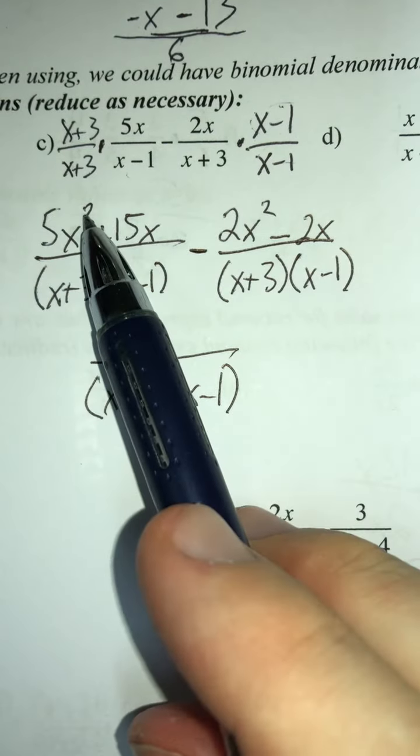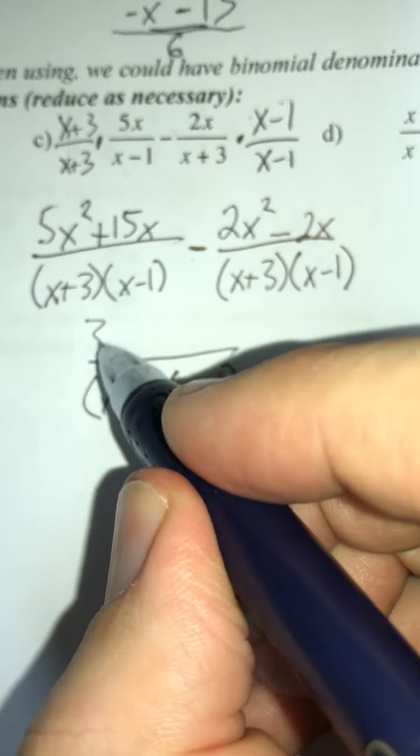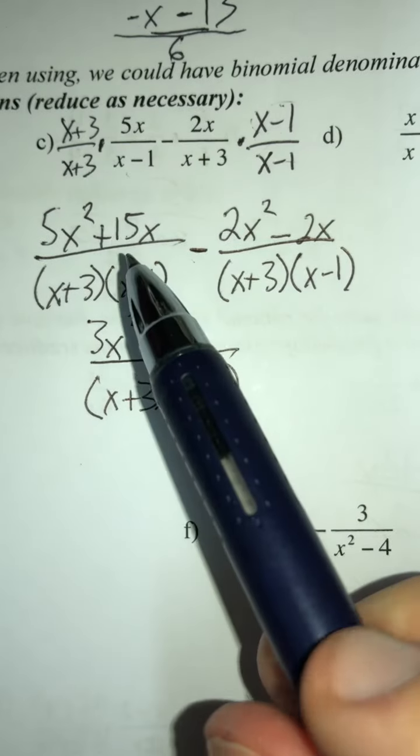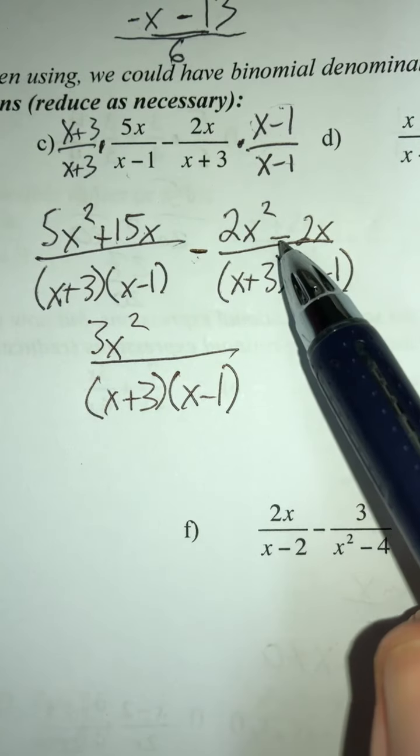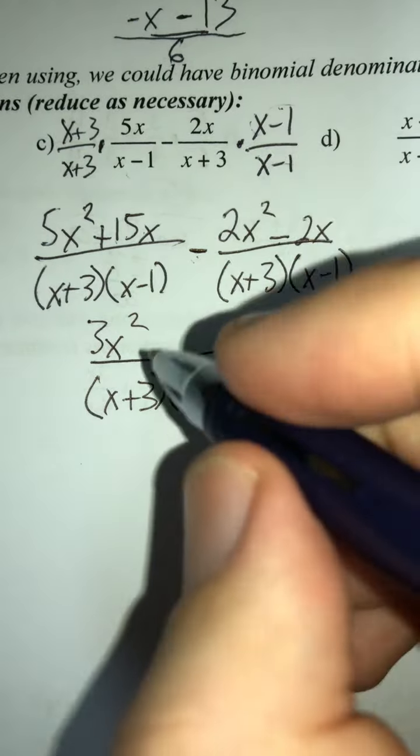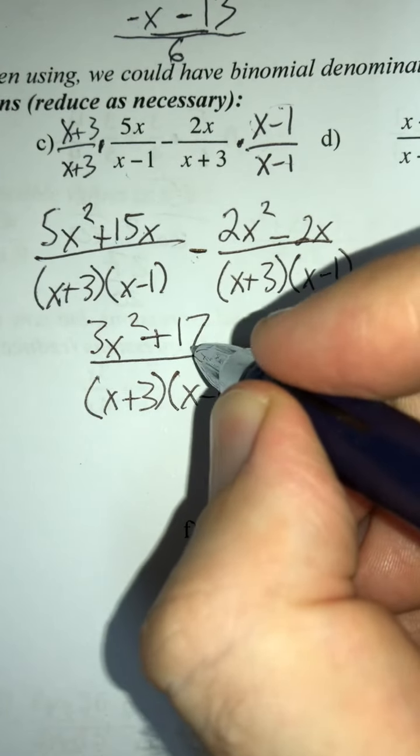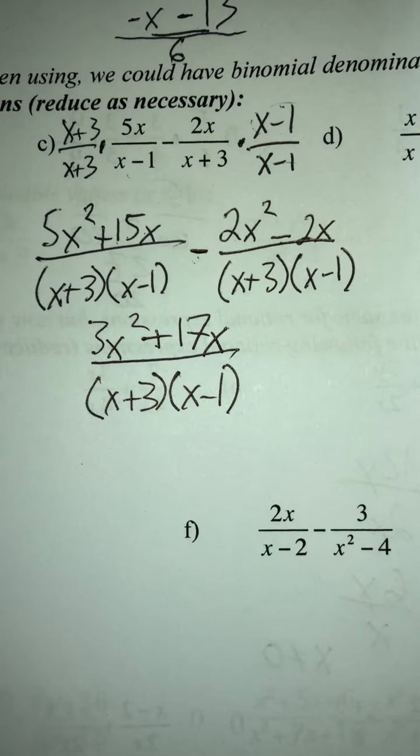Combine this. So 5x squared minus 2x squared gives me 3x squared. 15x minus negative 2x, so that's the same as 15 plus 2x, which is 17x. So there's nothing I can factor out of this to try and cancel anything out. This is just where I'm at.